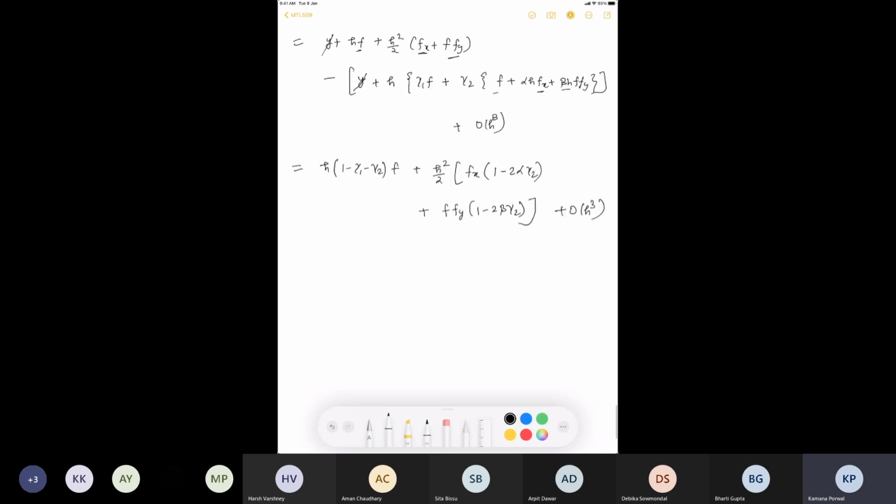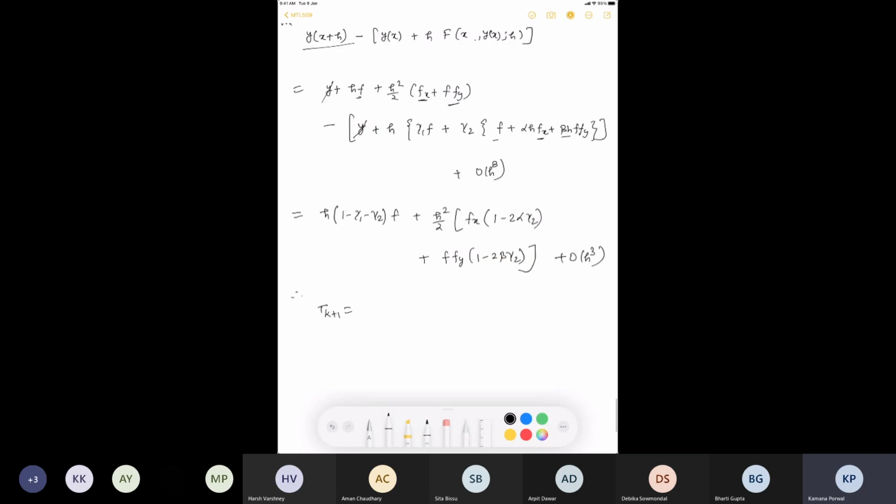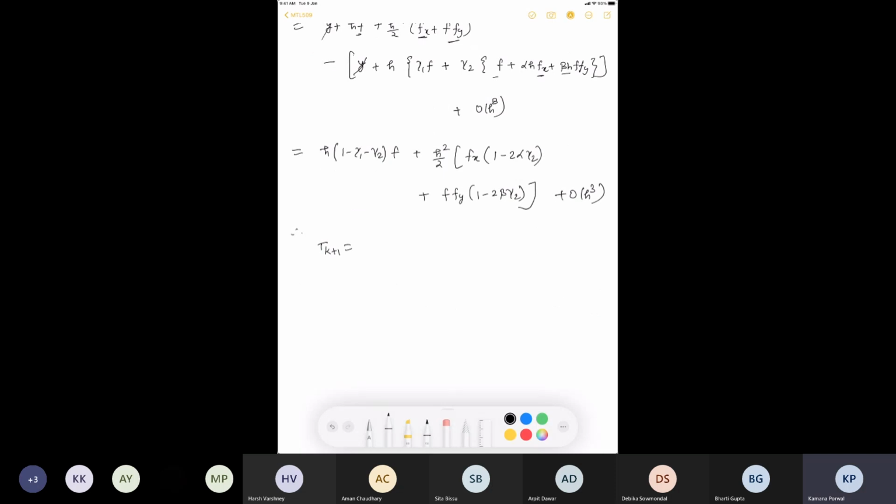Okay, so thereby the truncation error t_{k+1} is going to be the same expression, but everything will be evaluated at x_k, y_k.